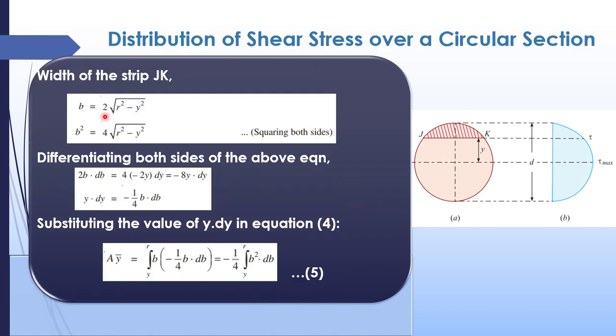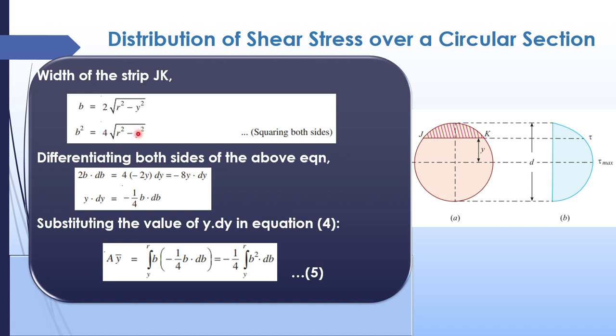Now the width of the strip b is 2 into root of r square minus y square. b square is 4 into r square minus y square. We have already seen these things. Now differentiating this b square, you will get 2b db equal to 4 into minus 2y dy.